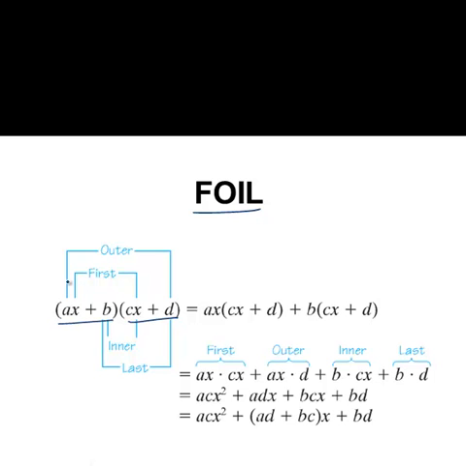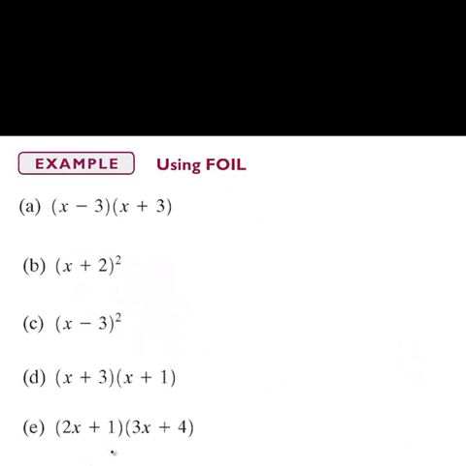So first, outer, inner, last. So you do the repeated distributions all at once. And then boom, you've got your second degree polynomial. That's the result of multiplying two first degree polynomials together.